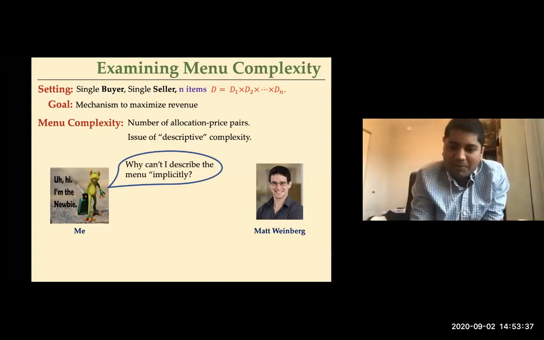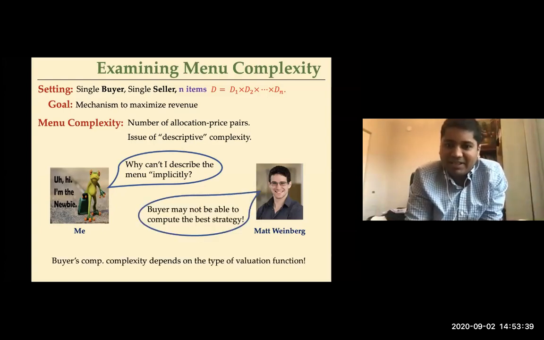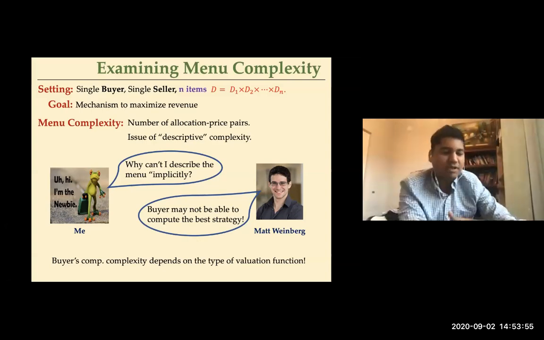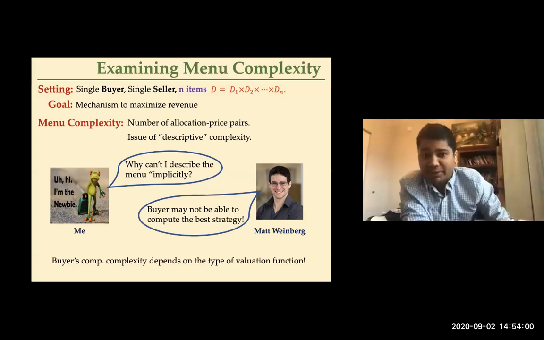And so Matt, highly patient that he is, tells me that the reason we are choosing a menu to describe is, in some sense, we are offloading all the computational cost to the buyer, sorry, to the seller here. Once I give the menu, the task that the buyer has is to compute their optimal strategy. If I describe the menu implicitly to them, then the task of computing the optimal strategy itself might become very hard. Okay.